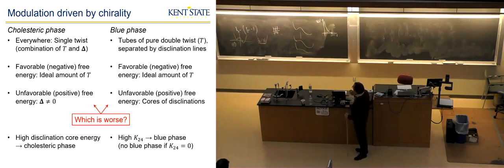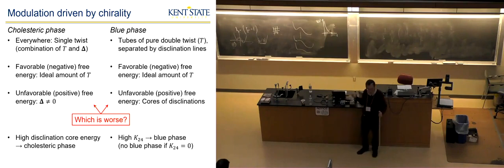So, which is worse? Well, it depends on what the disclination energy per unit length is compared with K24. If the disclination energy is really high, better to make a cholesteric phase. If K24 is really high, better to make a blue phase. So that's how I would propose to think about the distinction between cholesteric phase versus blue phase.